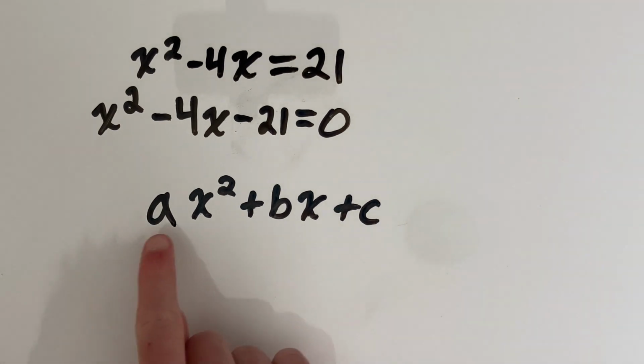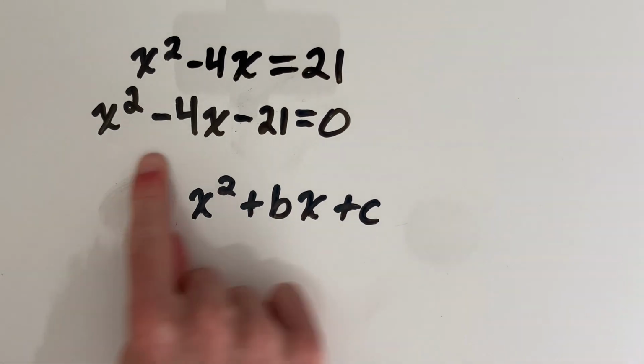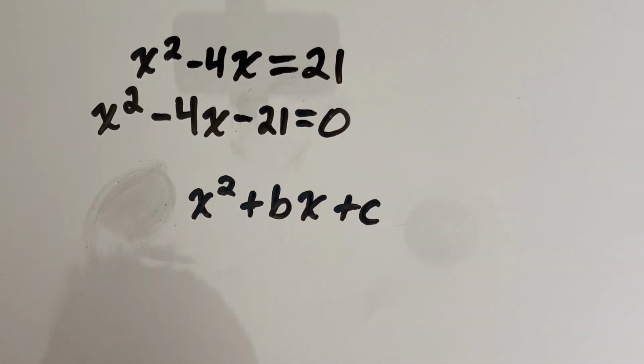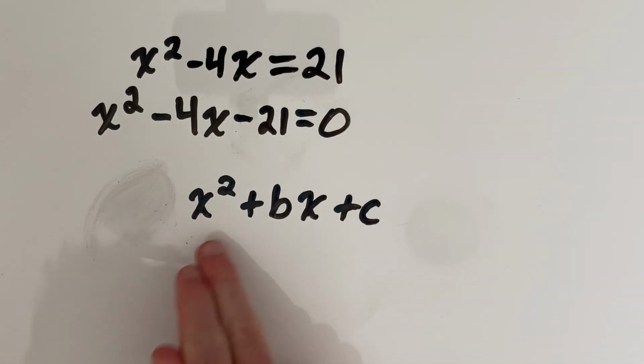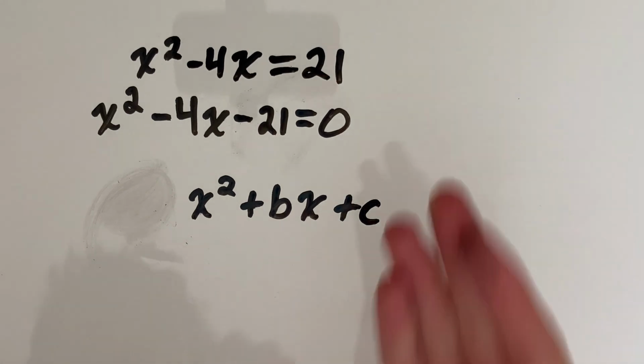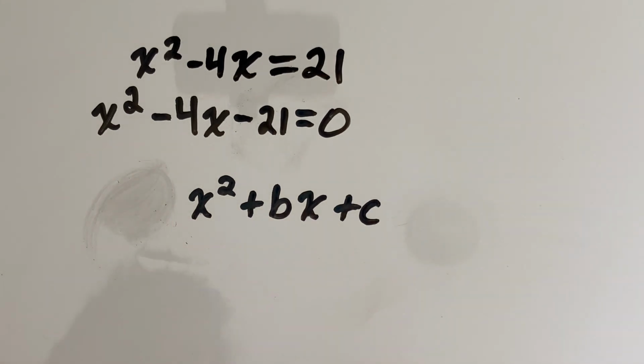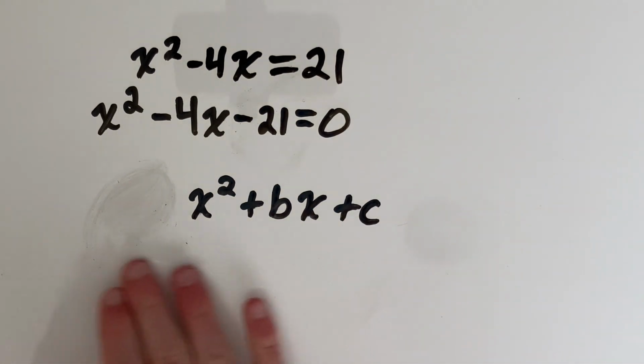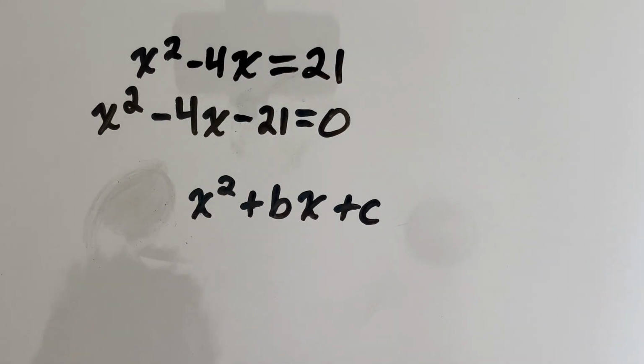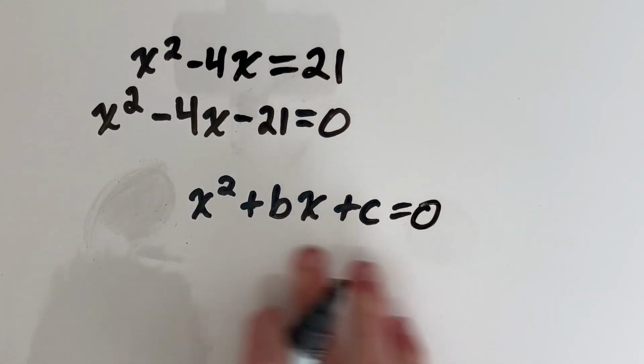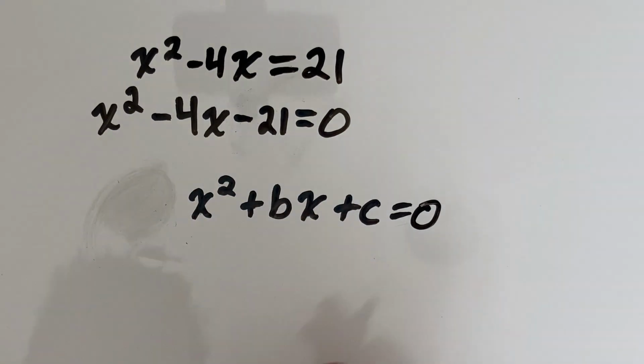So for now, we're gonna only focus on if there was nothing before x. So if it's just x squared plus bx, well in our case, b is negative 4, plus c, where in our case c is negative 21. So this is the form of our quadratic, x squared plus bx plus c, and we want to get that in that form like we have done here, equals to 0. Once you have it in that form, you are ready to solve it.